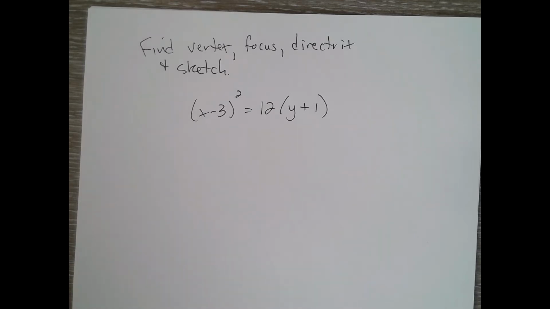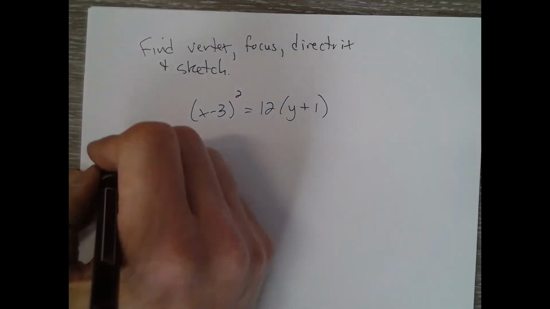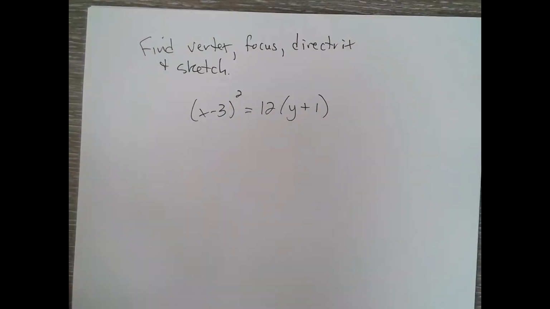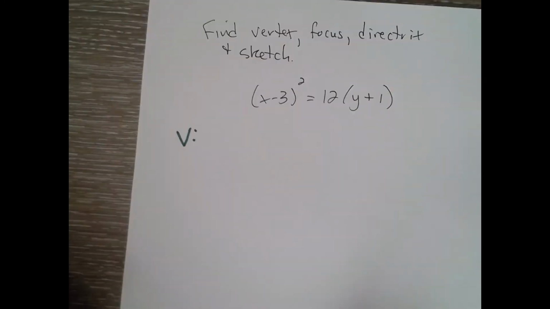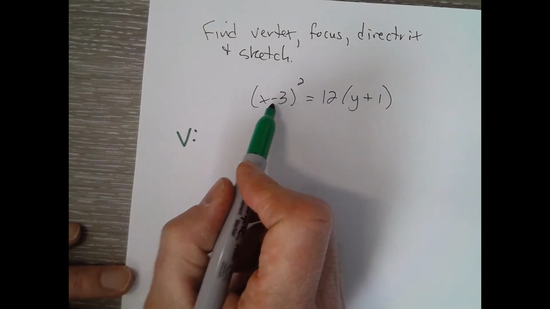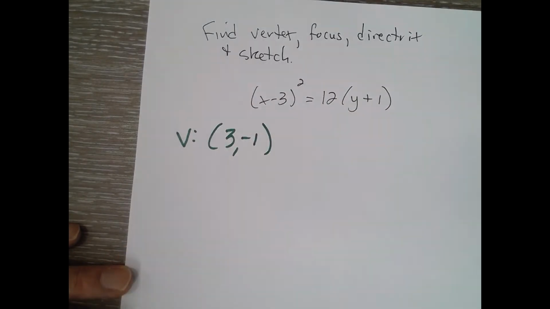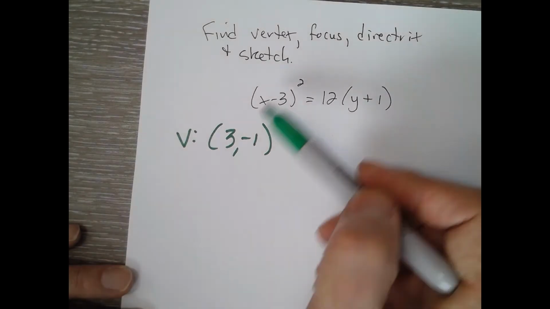So by looking at it, we already know that the vertex is 3 comma negative 1. So it's always the opposites of them. Okay, so we've done one of the 4 things we need to do. We already know what the vertex is.